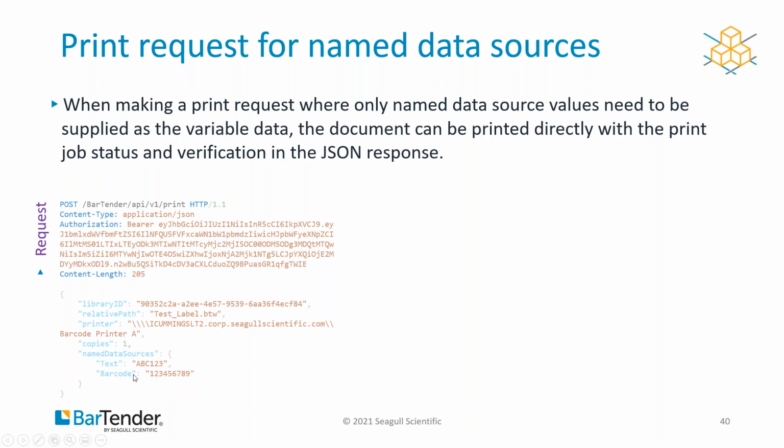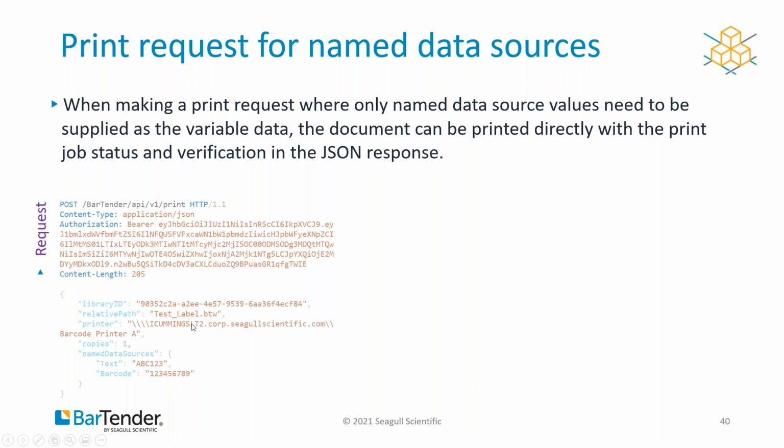Also, as part of your JSON payload, we want to specify the root folder, or the library ID of where the document is located, and then the name of the document or subdirectory folder and name of the document that we wish to print.